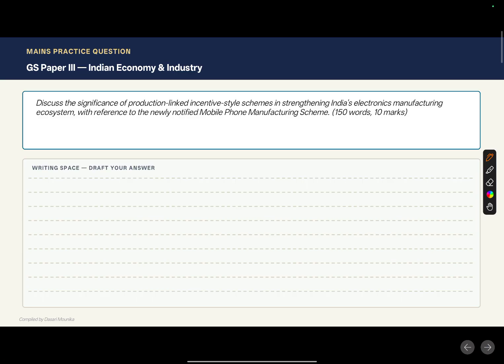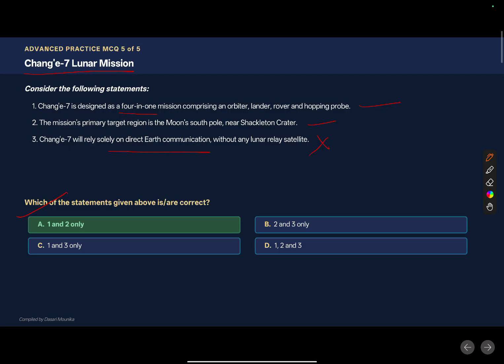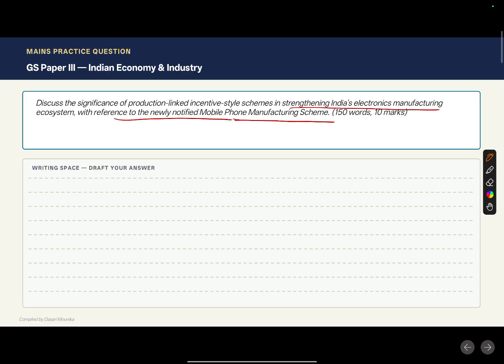Next, discuss the significance of production linked schemes in strengthening India's electronics manufacturing ecosystem with reference to the newly notified mobile phone manufacturing scheme. Here we need to start with, what is a production linked incentive scheme? Try to mention the basic definition of it, then discuss the benefits of it.